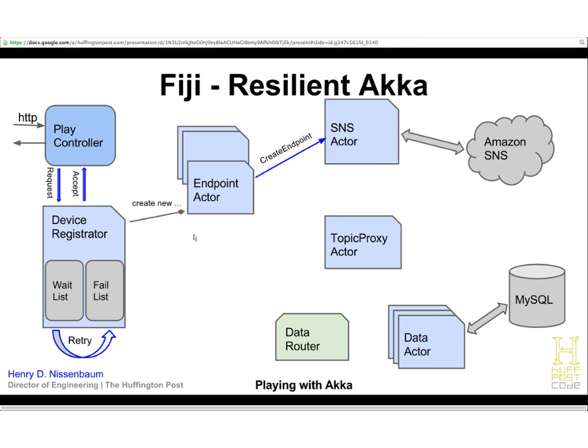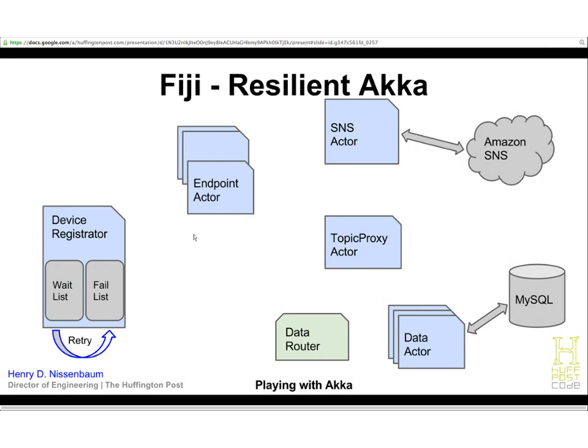So now the endpoint actor, well, we no longer care about the play controller or the HTTP client. We're on our own satisfying this request. We sent the message to the SNS actor, and we go into the endpoint create state. Now, there's just a few messages we're expecting and a few we might send out. We're waiting for a response back from the SNS actor.